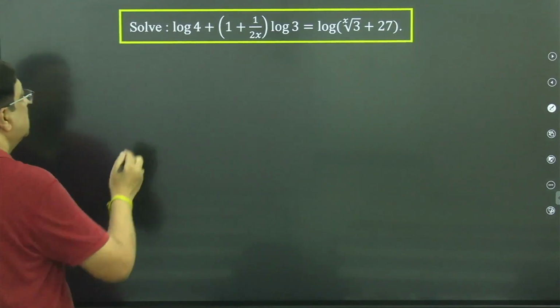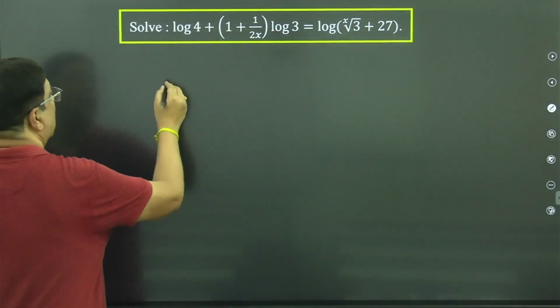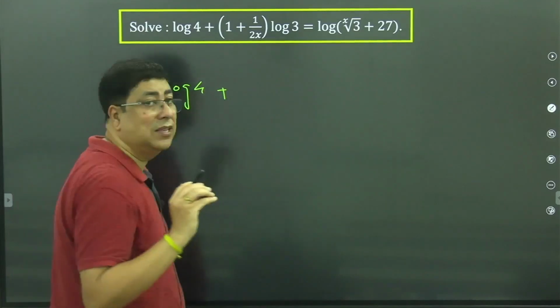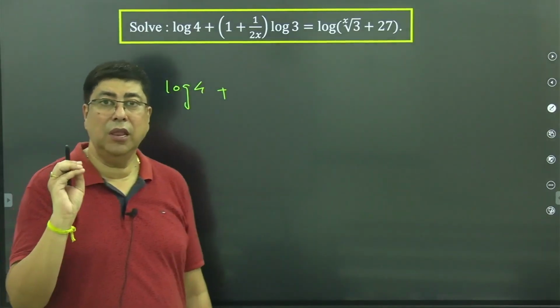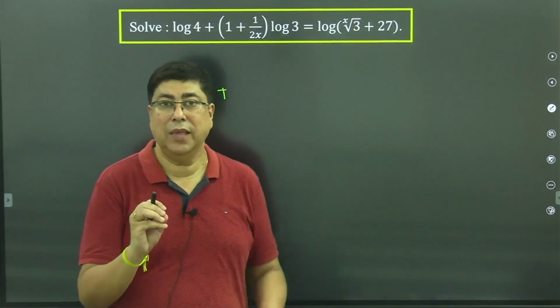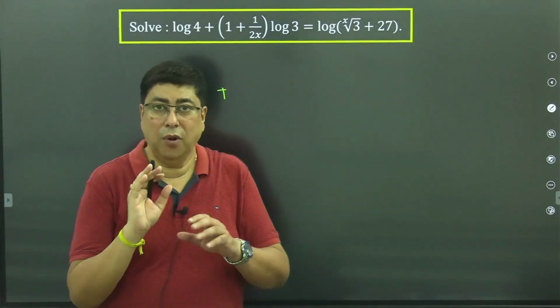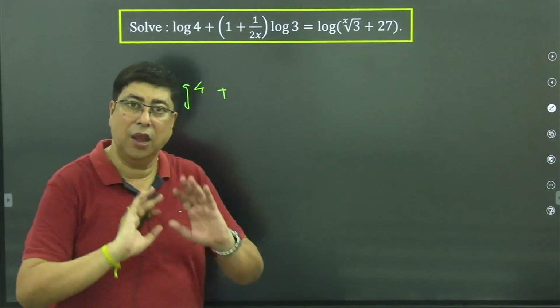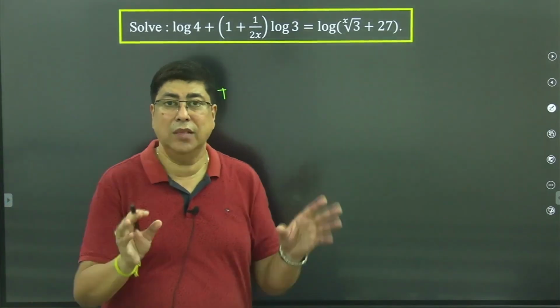So in this case, log 4 plus... everybody see one thing, in base nothing is given. Whenever nothing is given in the base, generally for common logarithm we can take the base to be 10. Otherwise you can select any base of your own.